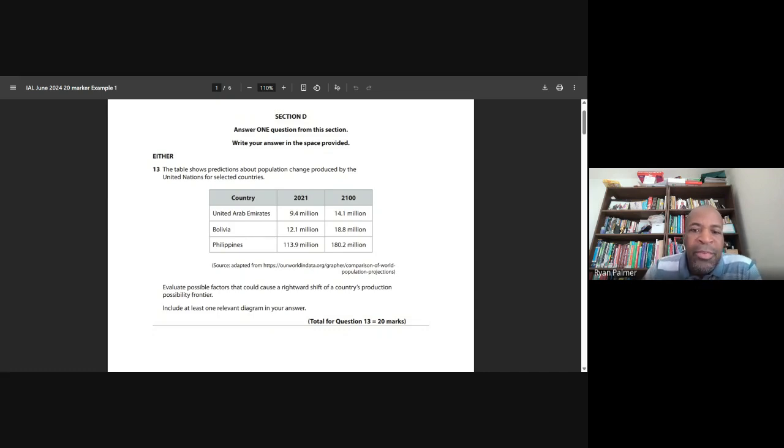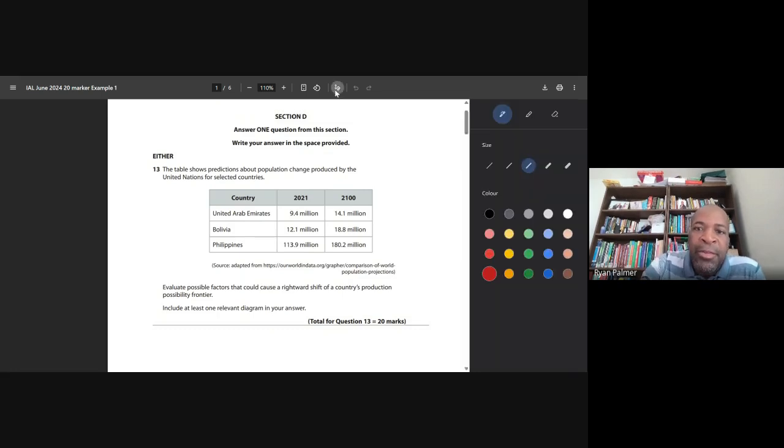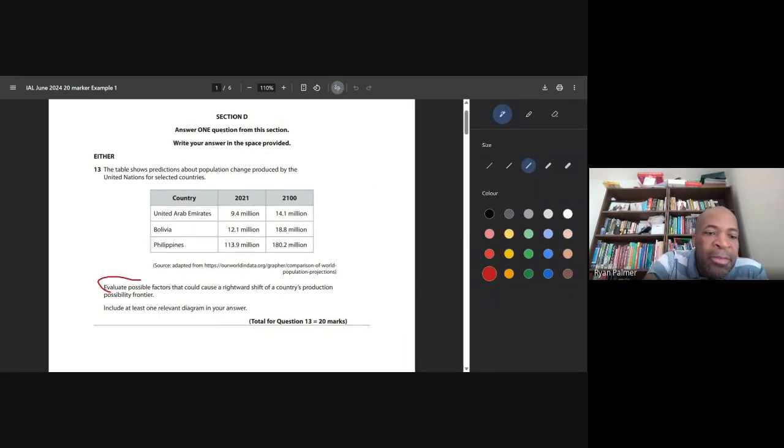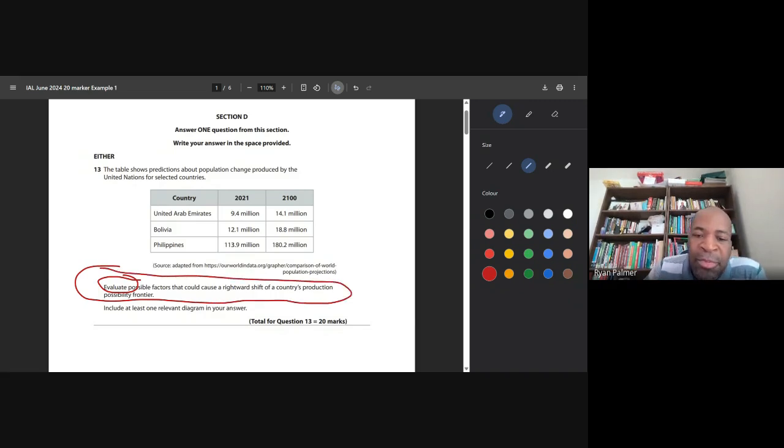All right, so in this question, we look at the heart of the question. We're given data around population in 2021 for 3 countries, and then the projected growth in 2100. And we're asked here, so this is our key question, to evaluate, that's our command term, the possible consequences that could cause a rightward shift in the country's production possibility frontier.